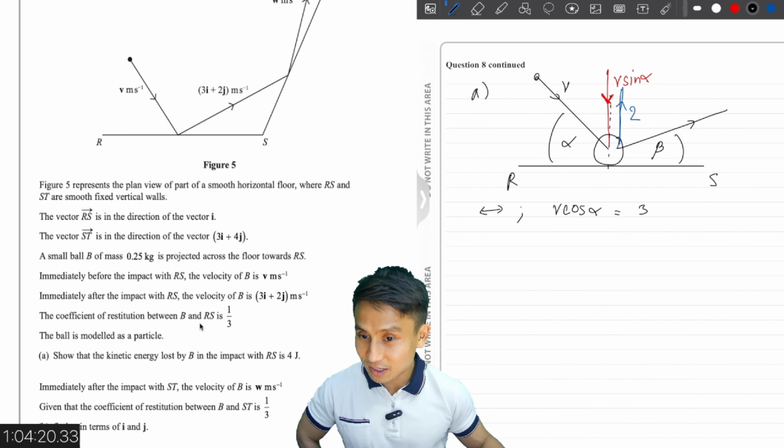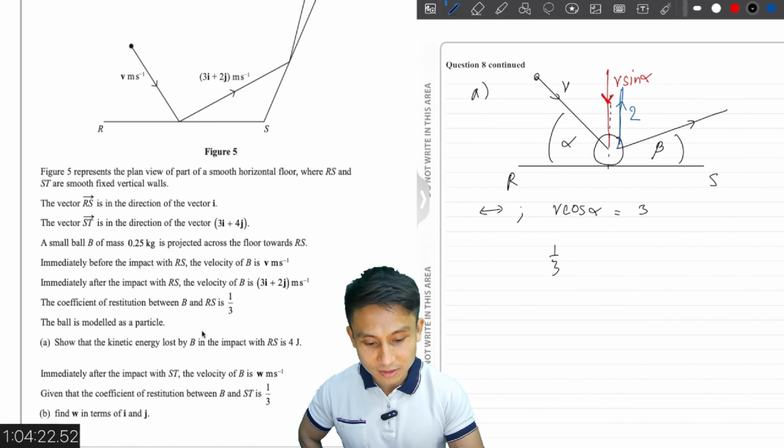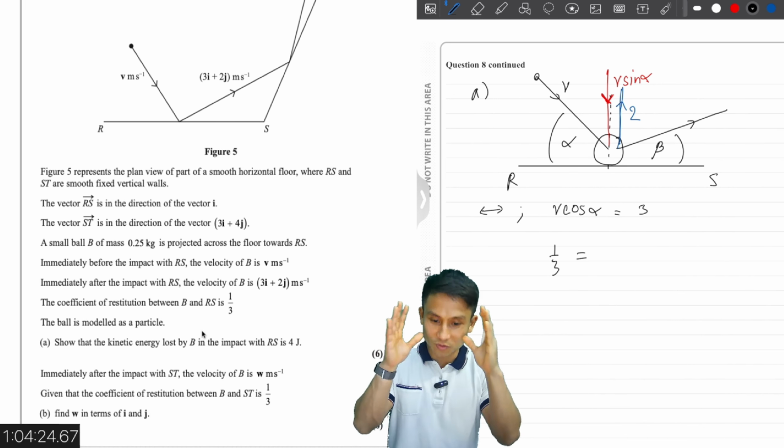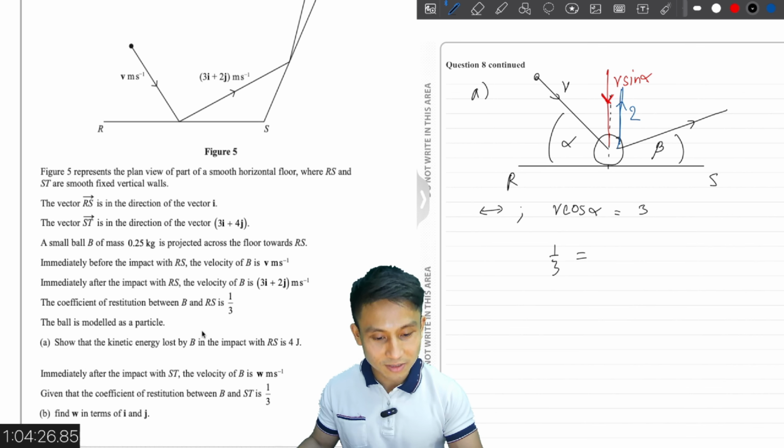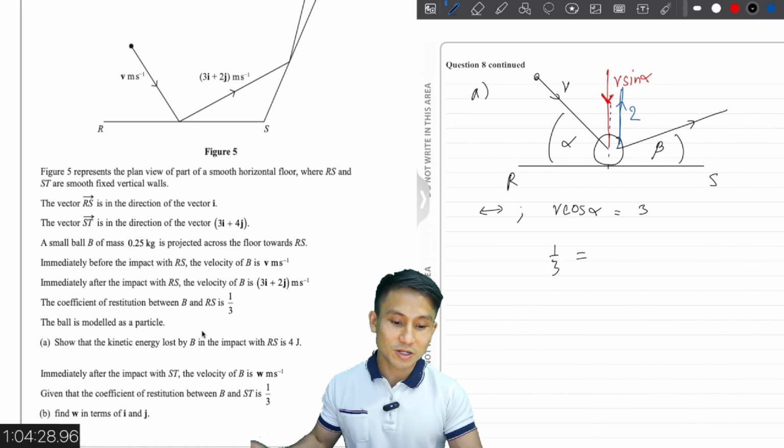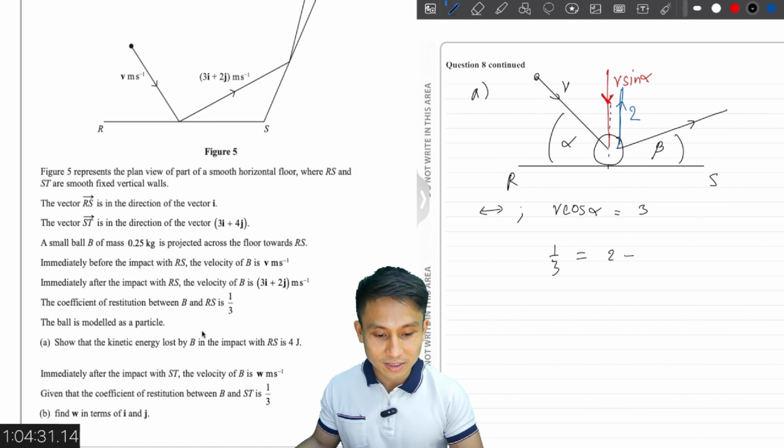The coefficient of restitution is 1/3, given. So we put that equal to, again, the formula, speed of separation. The relative speed of separation would be 2 minus V sin alpha.